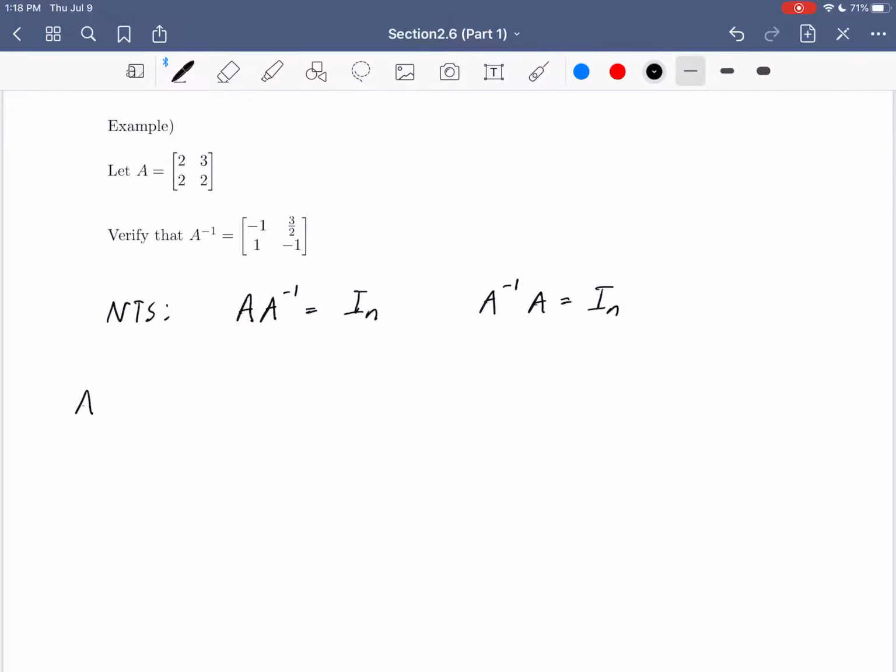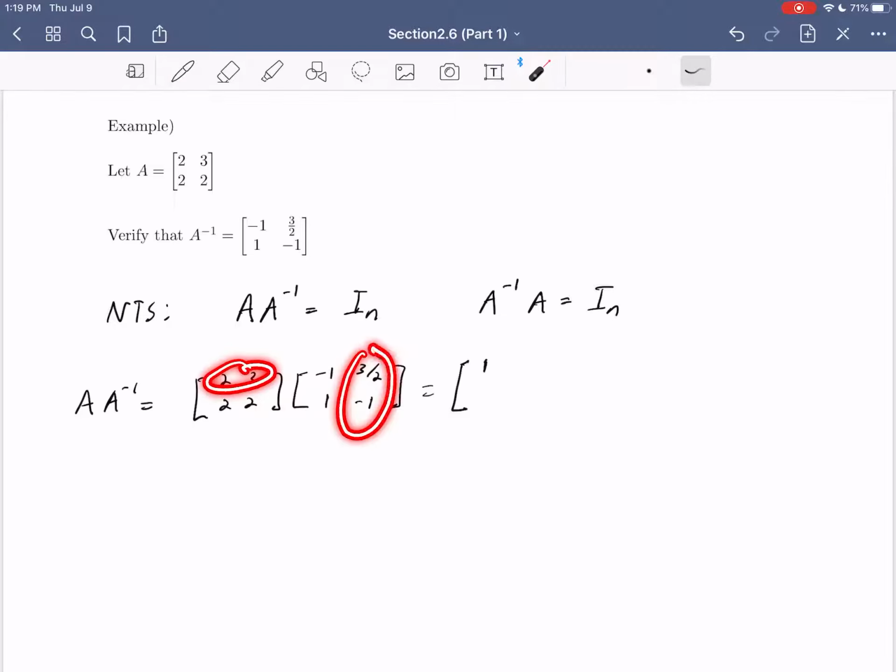So let's do A times A inverse and see what that is. That would be 2, 3, 2, 2, and then that would be times negative 1, 3 halves, 1, negative 1. So matrix multiplication, this row times this column is going to give us a negative 2 and a 3. Negative 2 plus 3 is going to give us a 1.